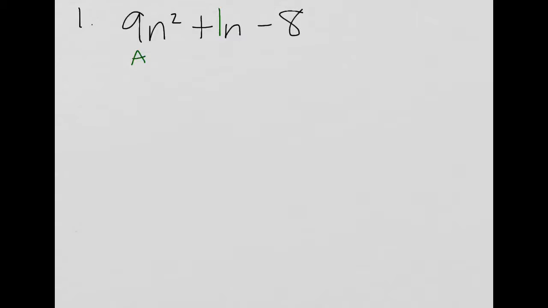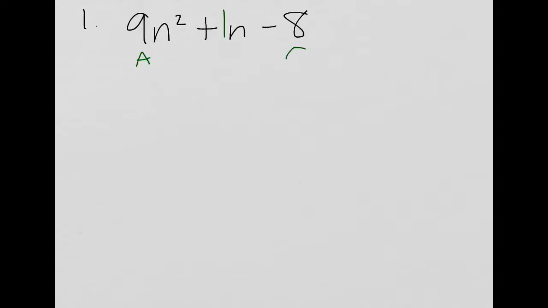So I do A times C on the top. So 9 times negative 8 is negative 72. B goes in the bottom, so that's a 1. My guess is that most of you with negative 72 are going to want to use your calculator.